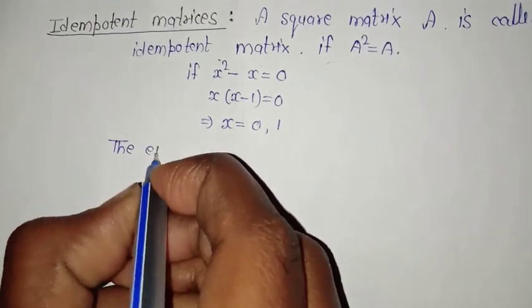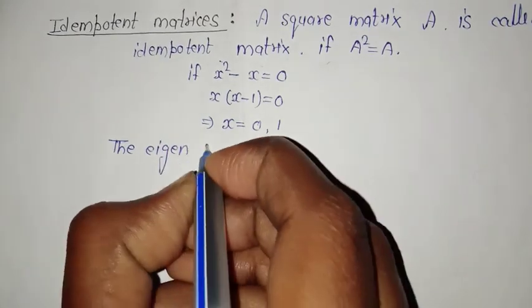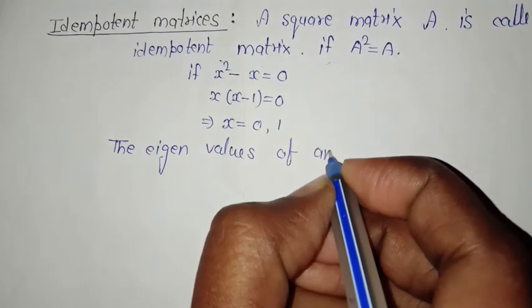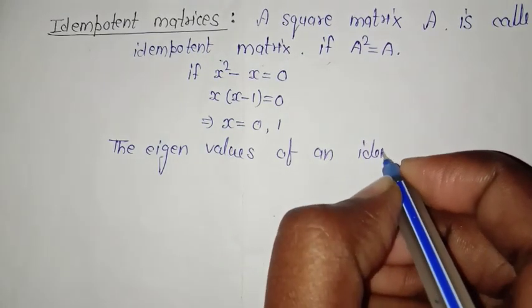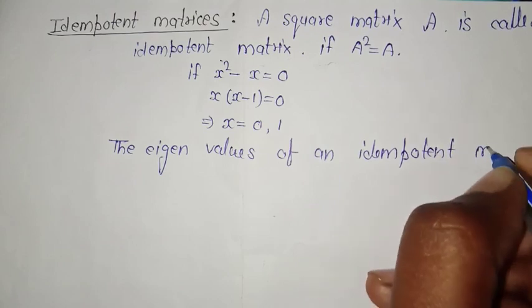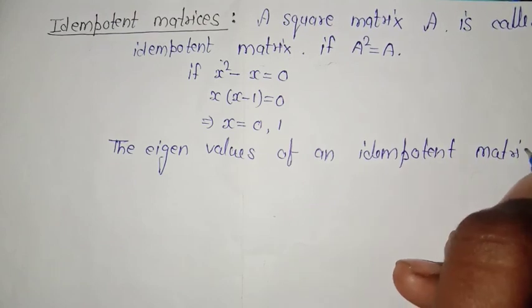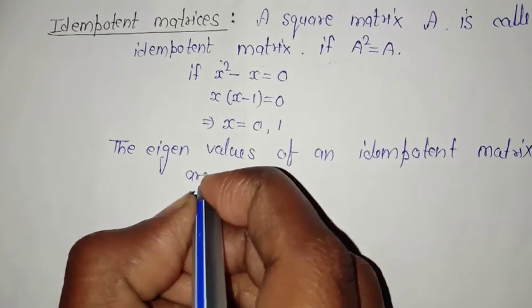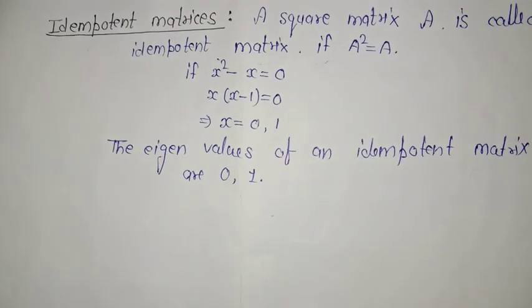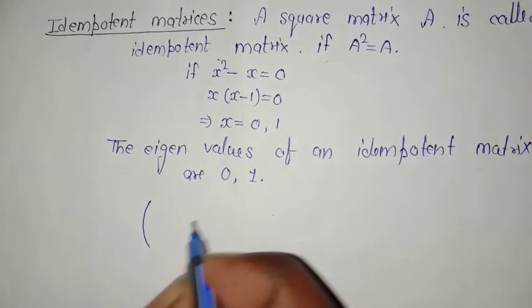The eigenvalues of an idempotent matrix are 0 and 1.